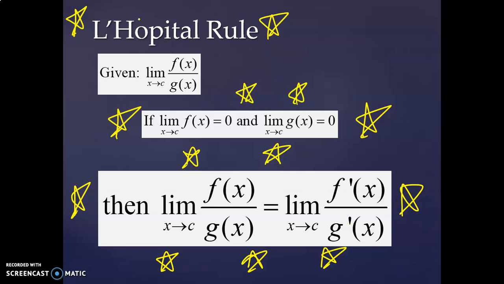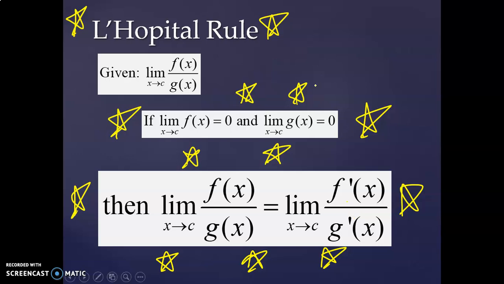So basically, L'Hopital's Rule says if you're trying to find the limit of a function and the limit on the top, so the limit as x approaches c of f is equal to 0, and the limit of the bottom, so the limit as x approaches c of g is 0. If both of these things are true, then the limit of the original problem is the same as the limit of f prime over g prime.